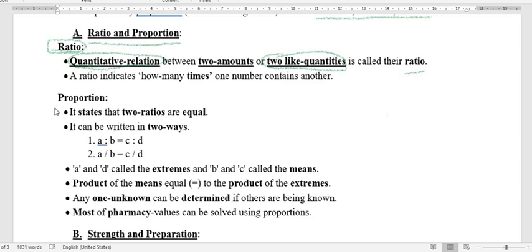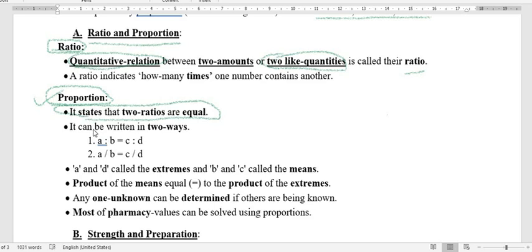And the other term is proportion. Both ratio and proportion are quite related. The proportion is only the representation of two ratios, and when the two ratios are equal, it is called proportion. So what is proportion?